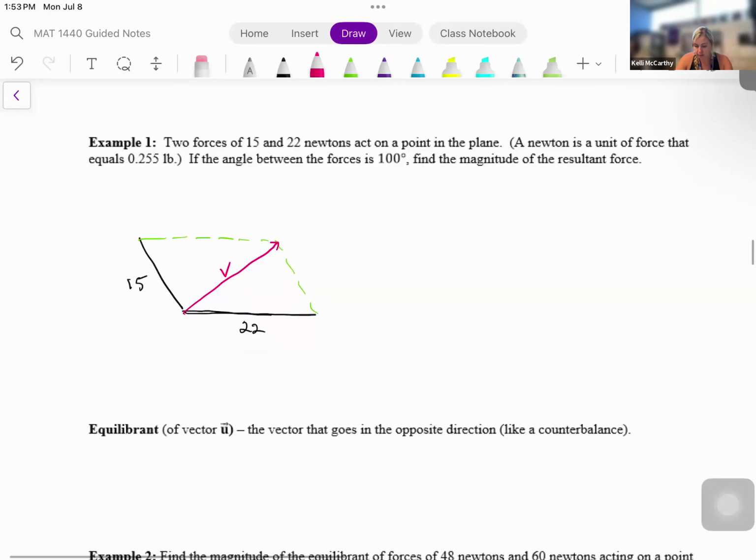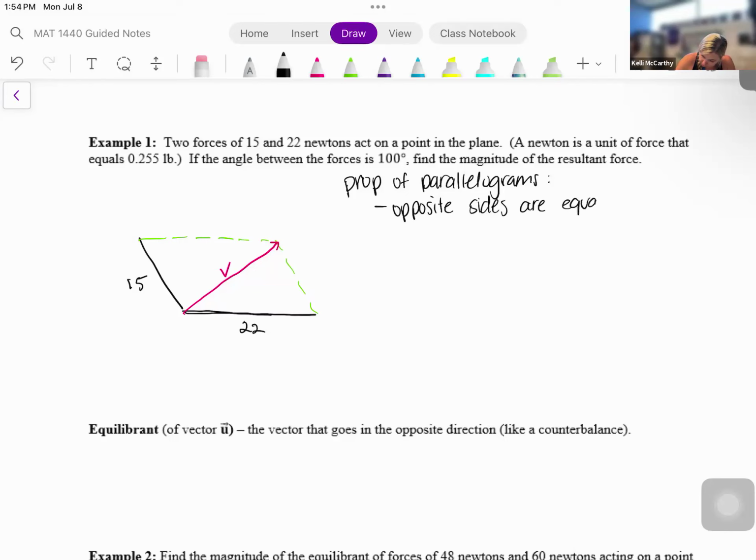Now, in order to find this, we're going to have to use some properties of parallelograms. The properties we're going to use is that opposite sides are equal, and that adjacent angles are going to be supplementary.